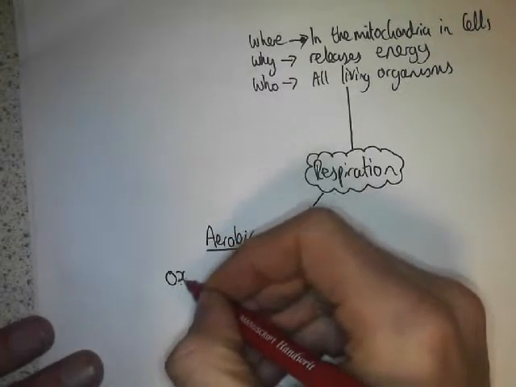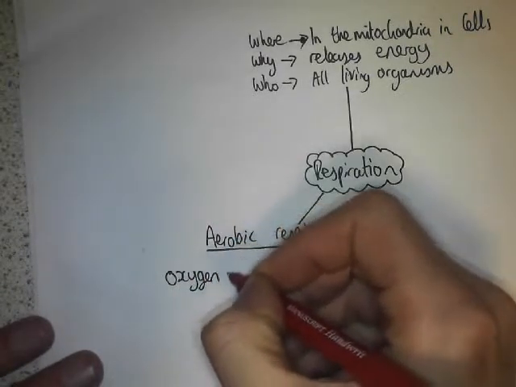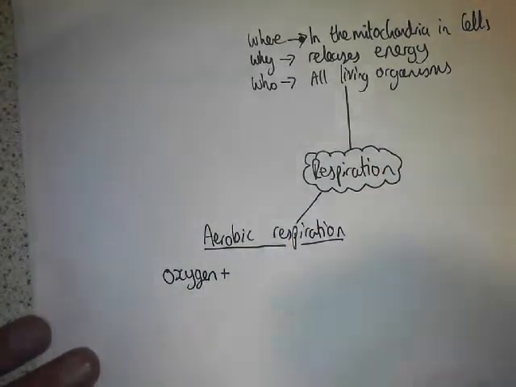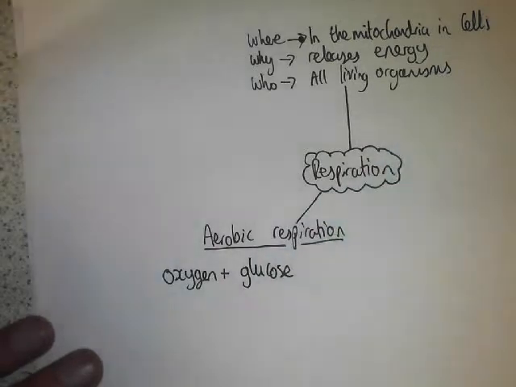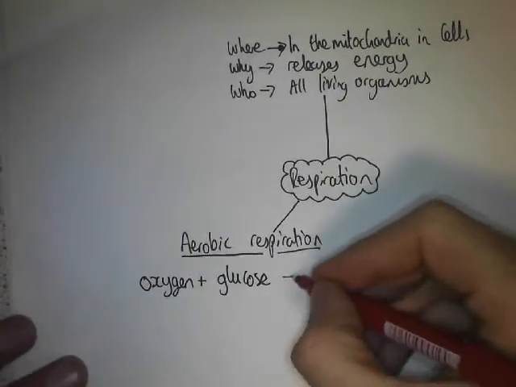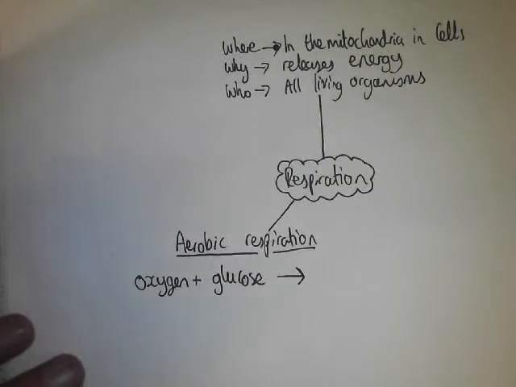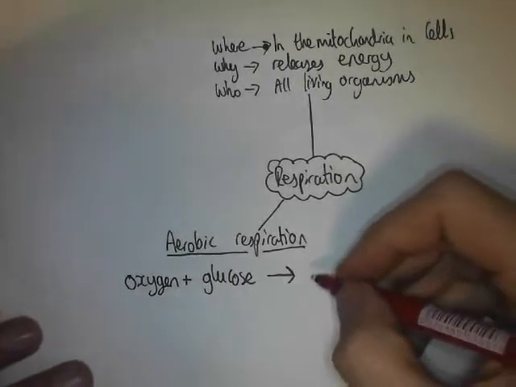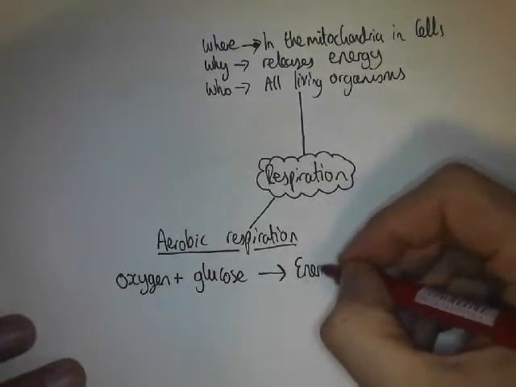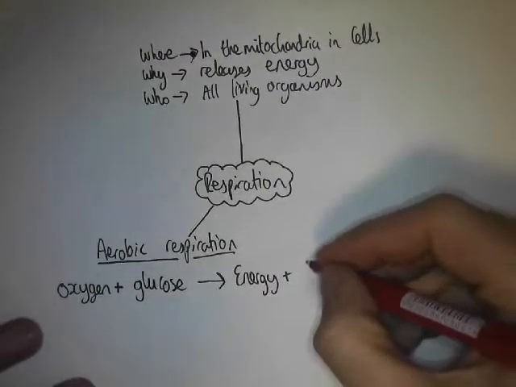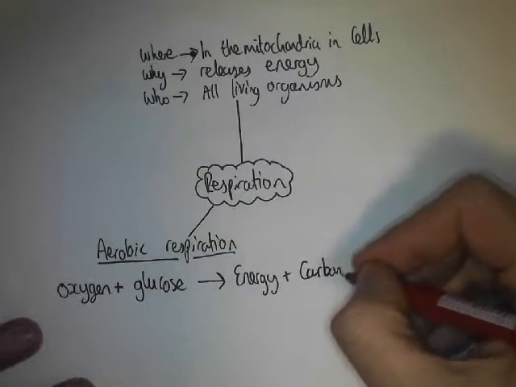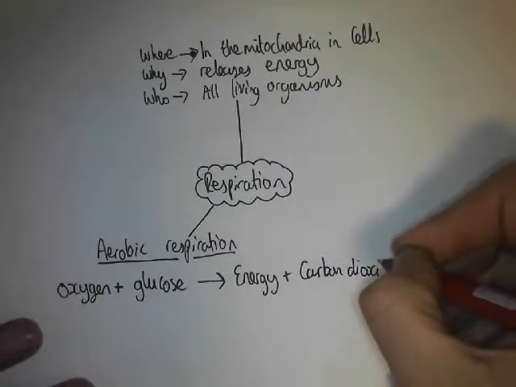So the gas it needs is oxygen, along with glucose. And if it has those two raw materials, it can produce, for the organism, for the cells, energy. But as a waste product, it will give off carbon dioxide.